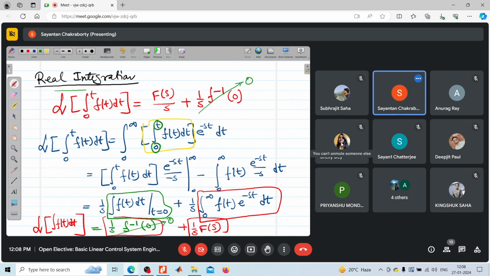So this will constitute only this, and this f(t) should be of exponential order. Because in most of the scenarios we'll be having only exponential functions to deal with.